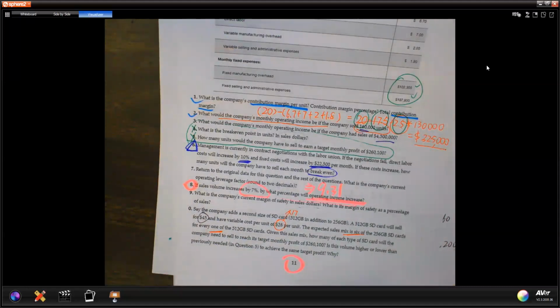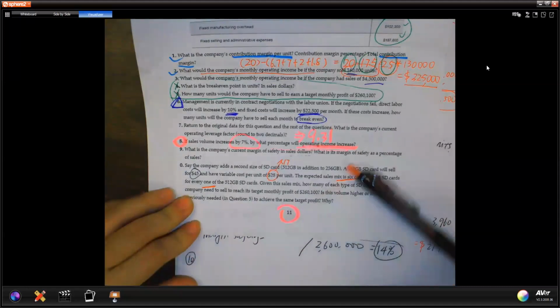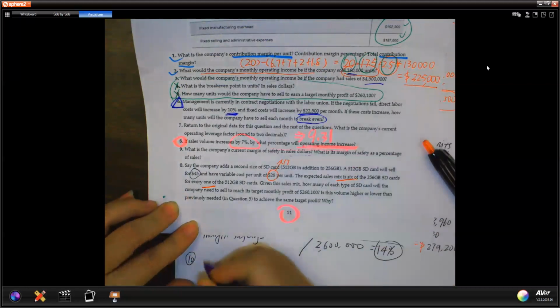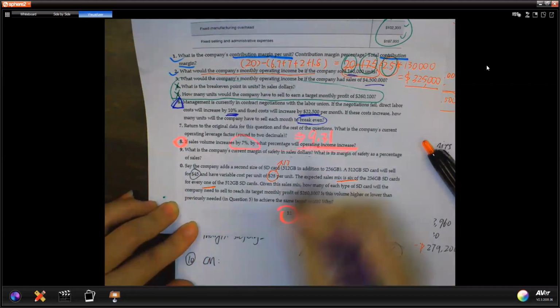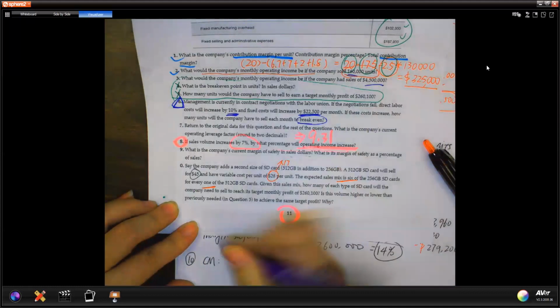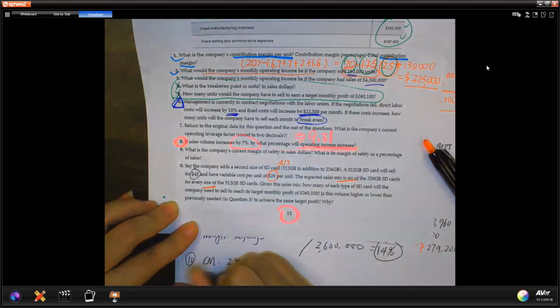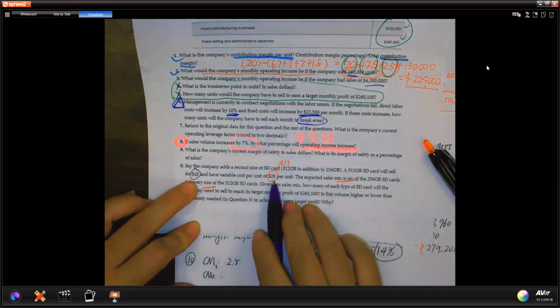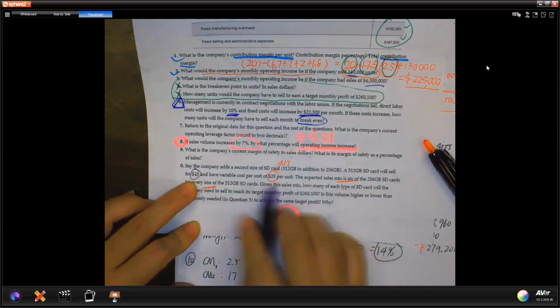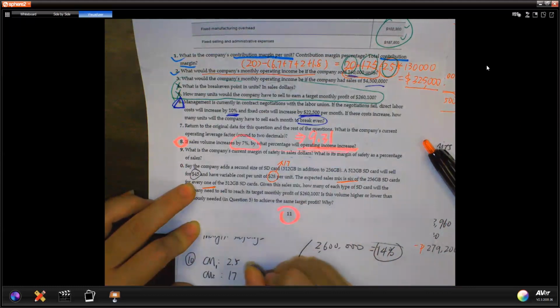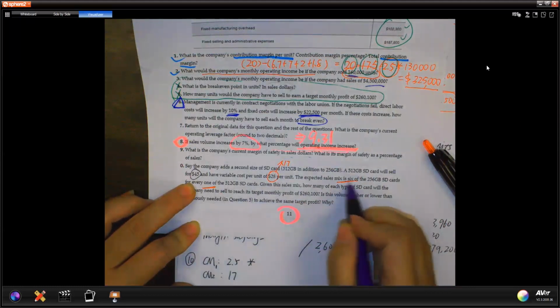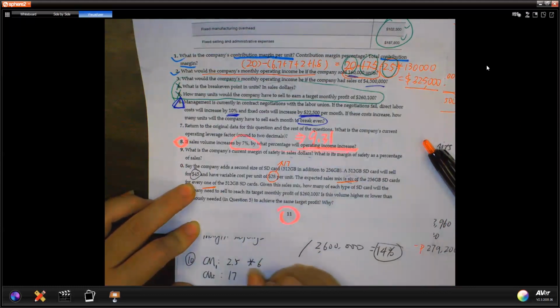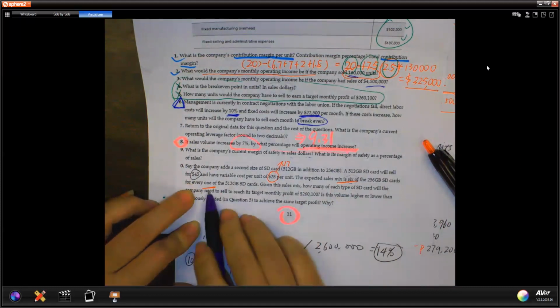So now you have the first product contribution margin we talked about, 2.5, and then the second one, contribution margin 2, we said is $17, selling price minus your variable cost. And then 6 of 1, and then 1 of 2.